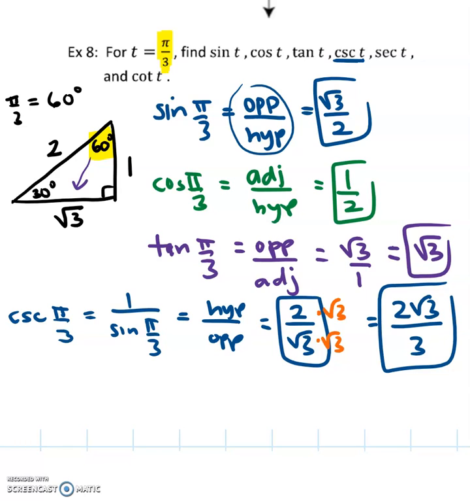Okay, so let's switch gears. We're looking at secant, and secant is related to cosine. So remember that secant of pi over 3 is the same thing as 1 over cosine of pi over 3.